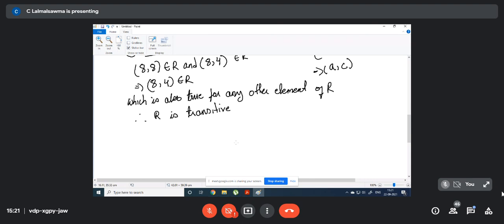So it is antisymmetric, transitive, and reflexive. Therefore, R is a partial order relation.